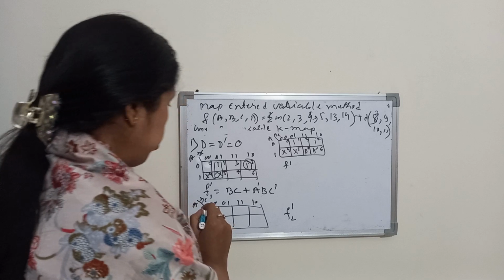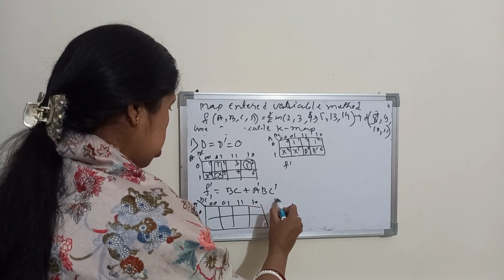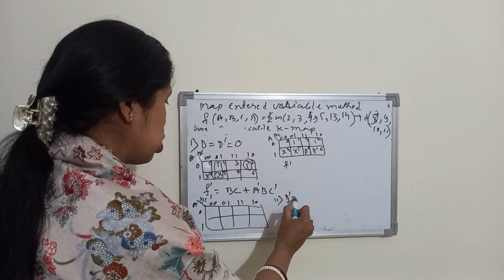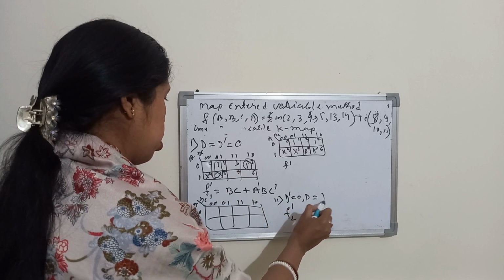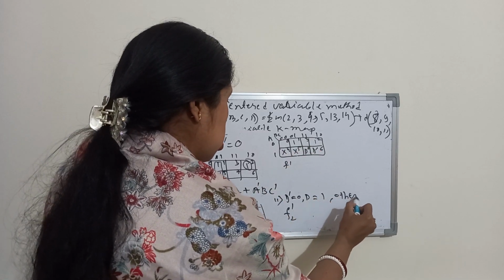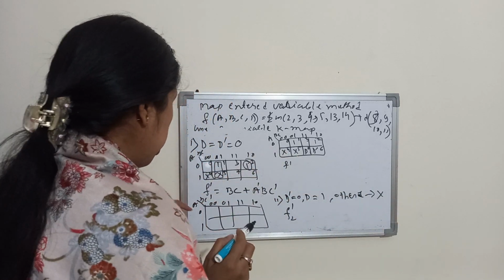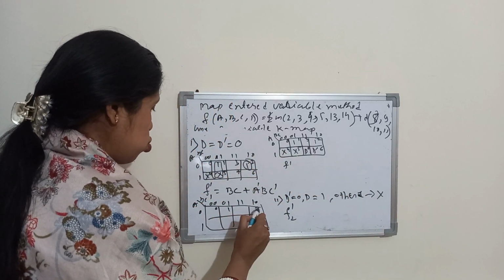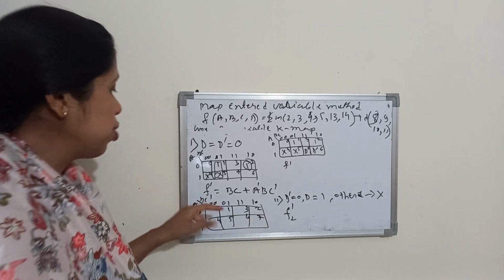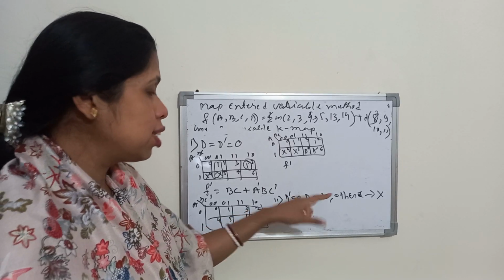In the second case, I am putting d prime 0 and d 1, and all the other 1s should be considered as x. Cells 0, 1, 2, 3, 4, 5, 6, 7. Here in this case, d prime should be 0 and d is 1.